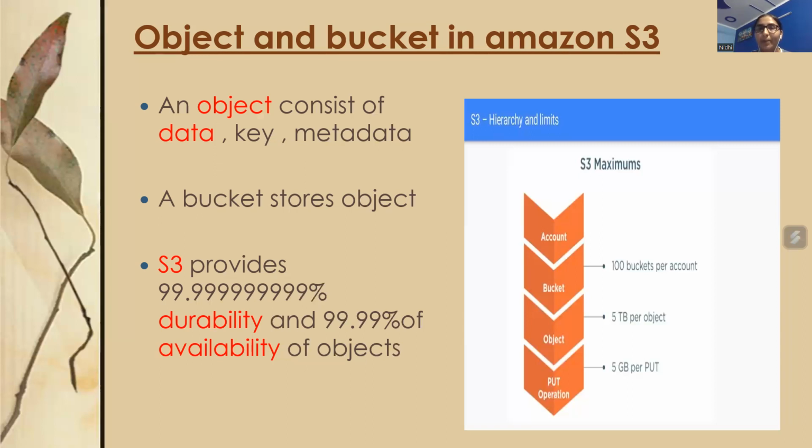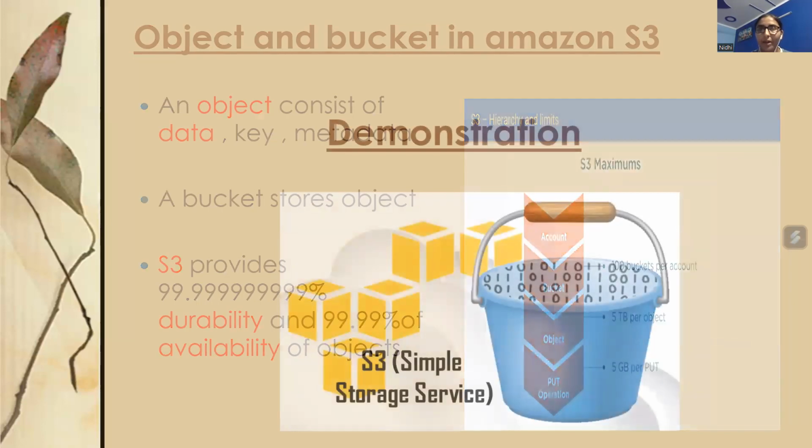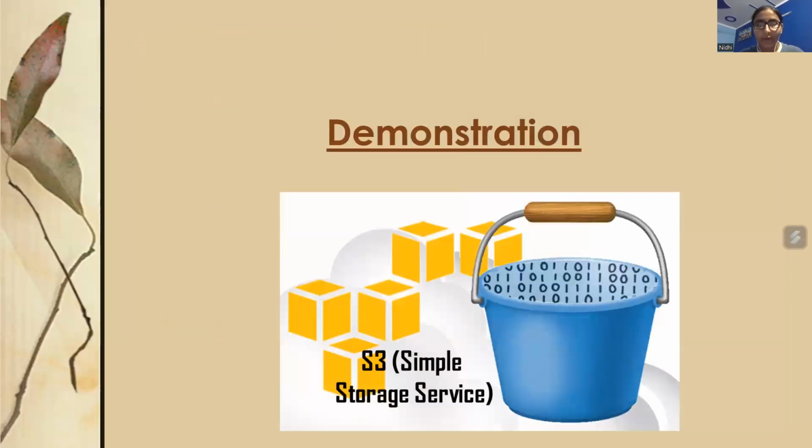You can increase your buckets, but there is also a limit for that. And you can store 5 terabytes per object in a single bucket. So now you can imagine how large the S3 storage is. And the last one is 5 GB per put. Put is basically if you are demanding more data to put in your S3 bucket, you can do that as well. So I will just give you a live demonstration.